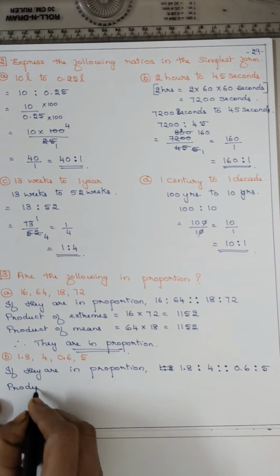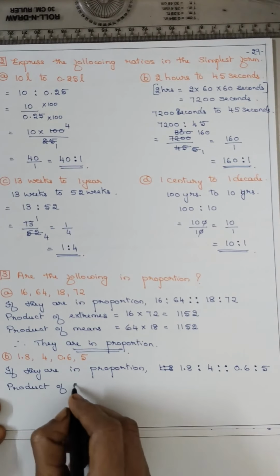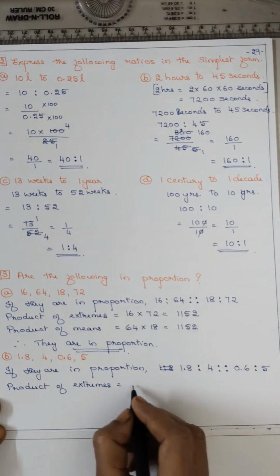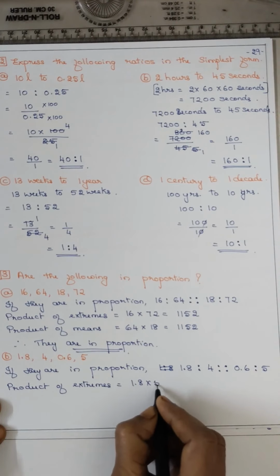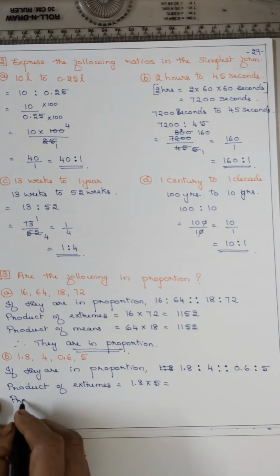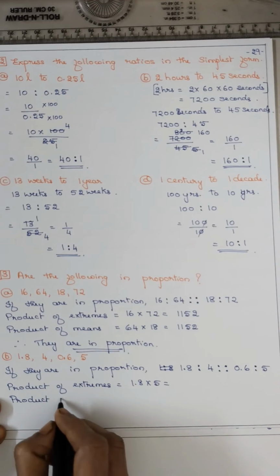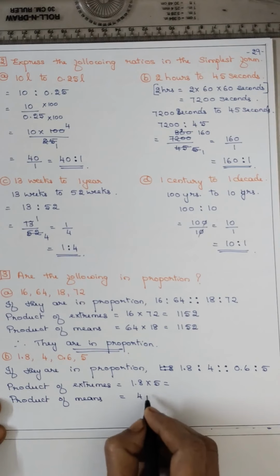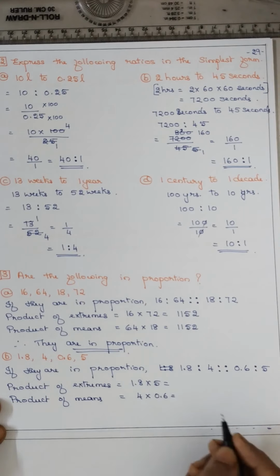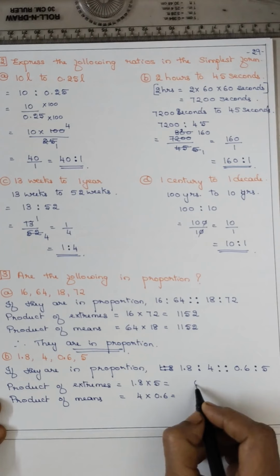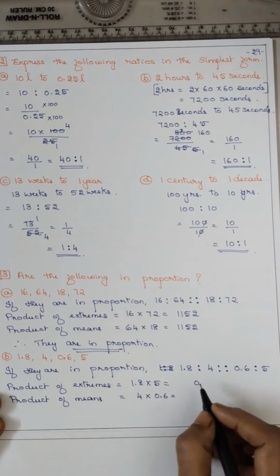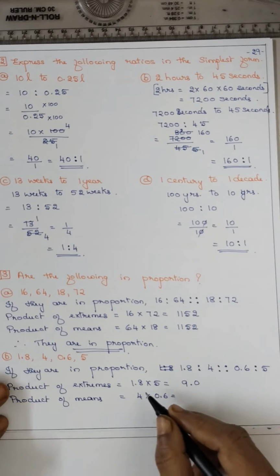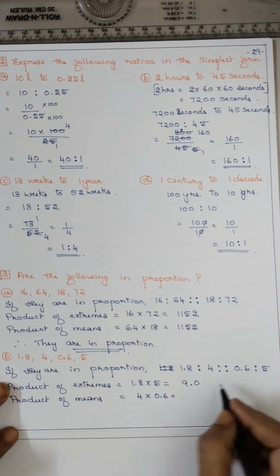Product of extremes. What are extremes? First and the last. 1.8 into 5. Product of means. That is second and the third. 4 into 0.6. 5 8s are 40. 5 1s are 5 plus 4 is 9. 18 5s are 90. 1 decimal. So you got 9.